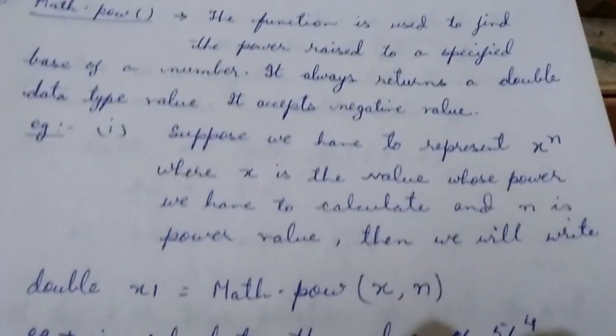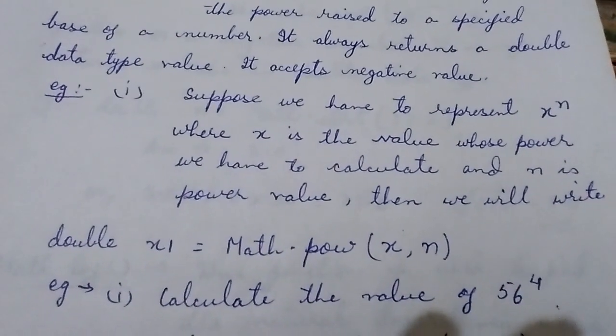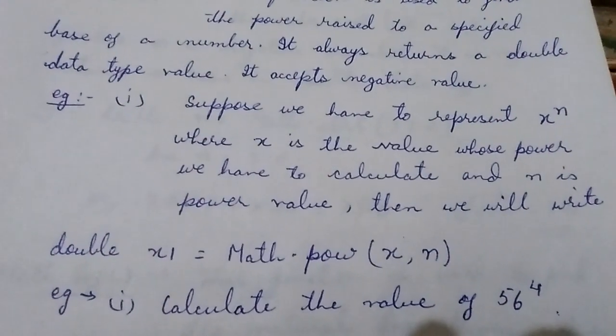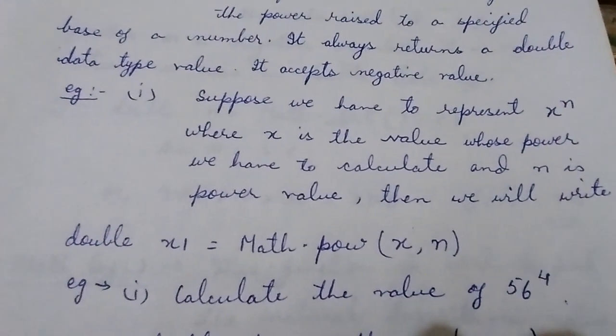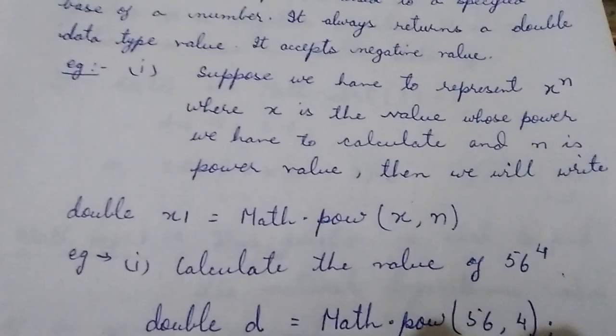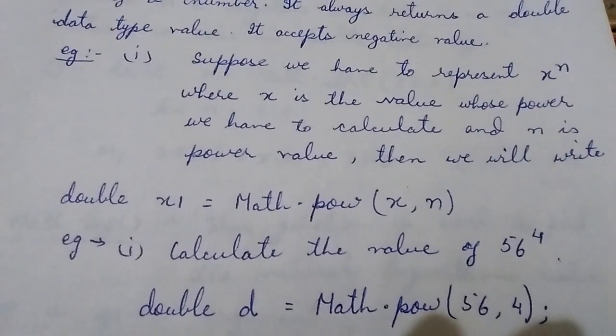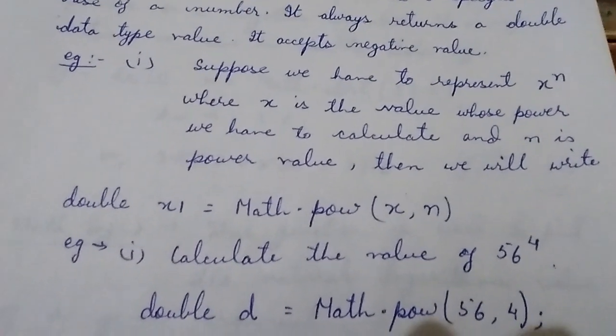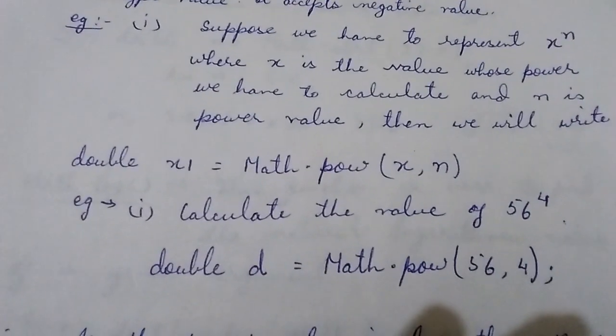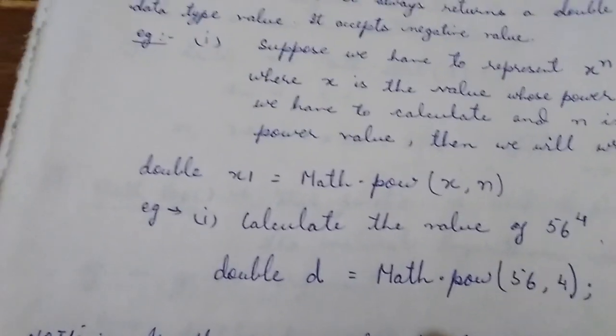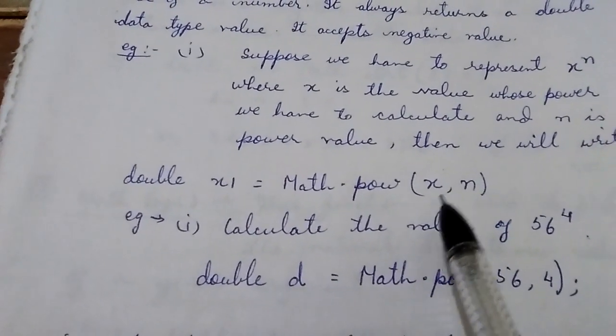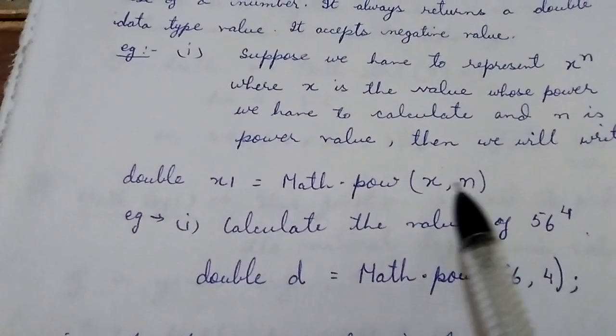Suppose we have to represent x to the power of n, where x is the value whose power we have to calculate and n is the power value. Then we will write double x1 equals Math.pow(x, n).